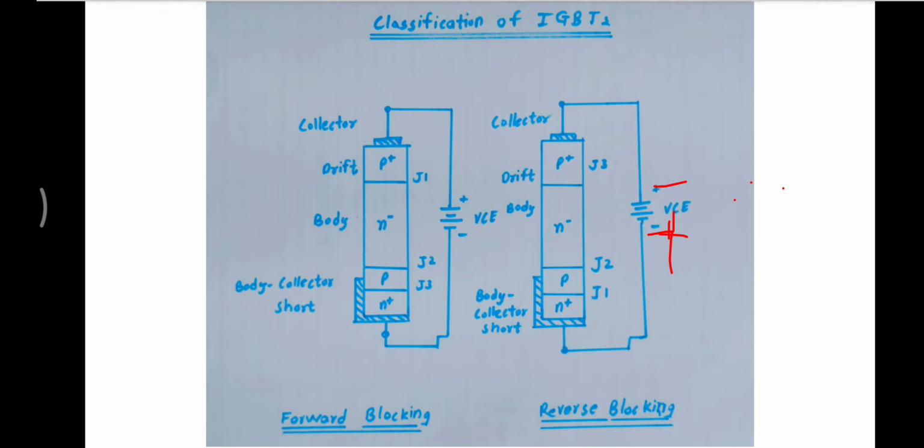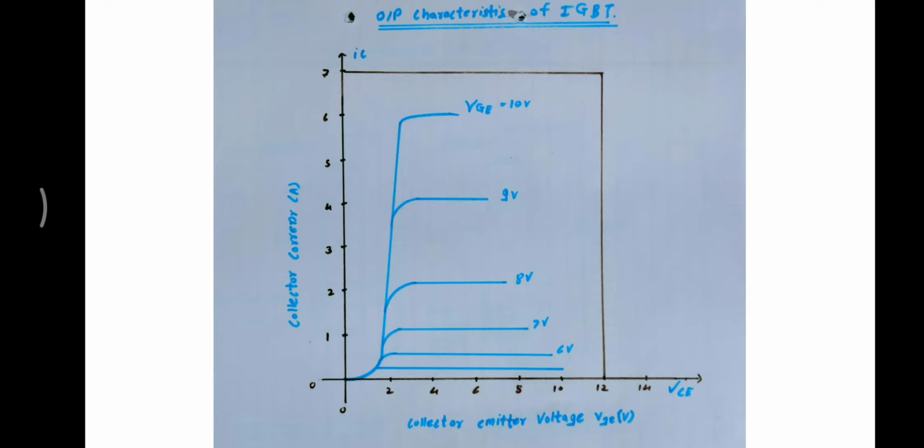So next, output characteristics of IGBT. The x-axis has the collector emitter voltage and the y-axis the collector current.